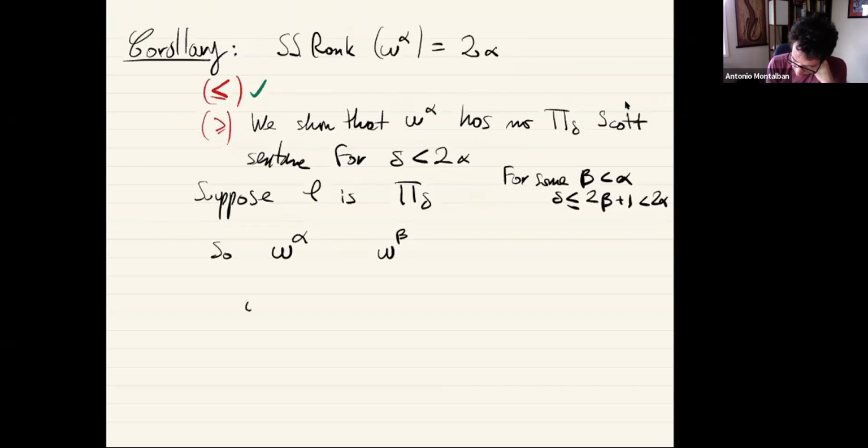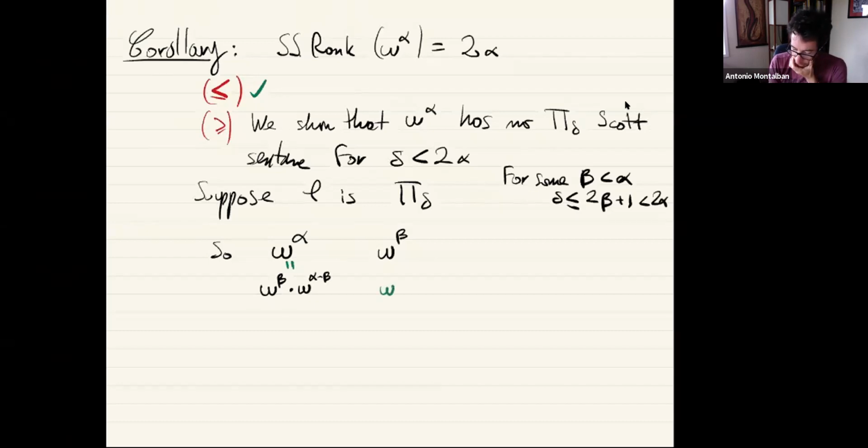Omega to the alpha is equal to omega to the beta times omega to the alpha minus beta. This is a property of exponentiation of ordinals, where alpha minus beta is the ordinal that if you add to beta, then you get alpha.